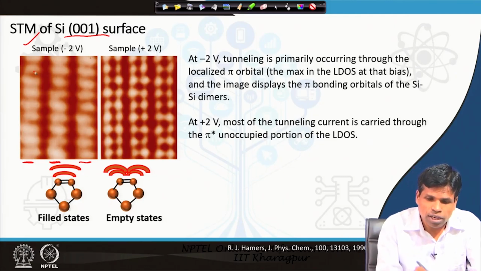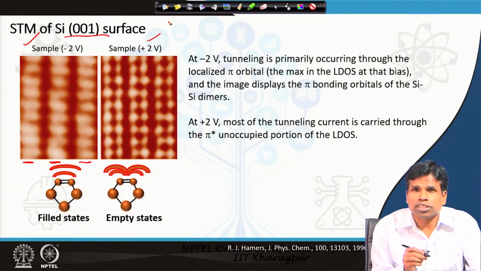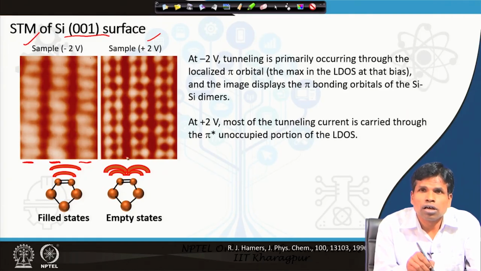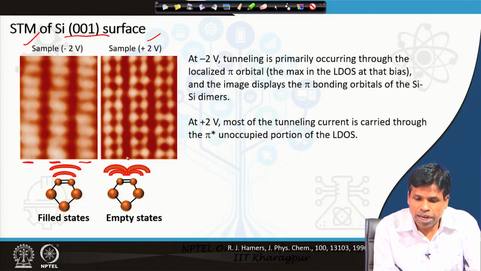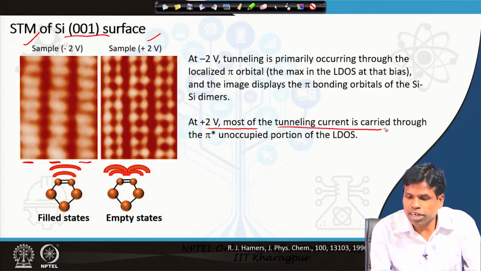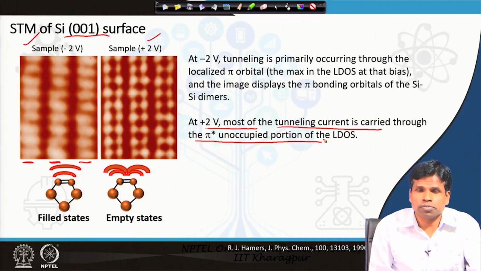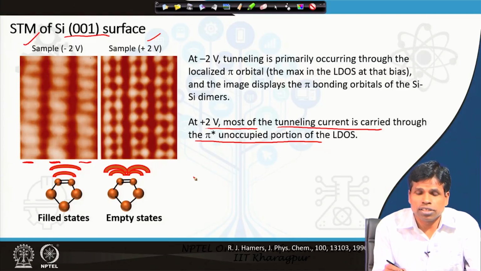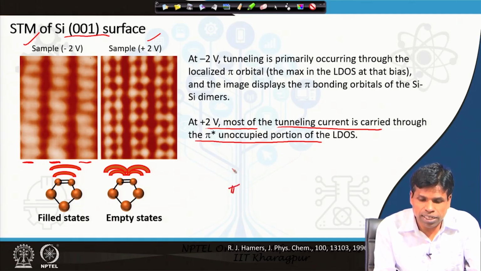On the other hand, at positive bias, it is doing the opposite. The electrons are going from the tip to the unoccupied states of the sample. So, at positive voltage, most of the tunneling current is carried through the pi star unoccupied portion of the local density of states. In the case of a dimer, the sigma bond is very strong and low energy. As it is low energy, electrons do not tunnel from those low energy levels, but we have pi and pi star.